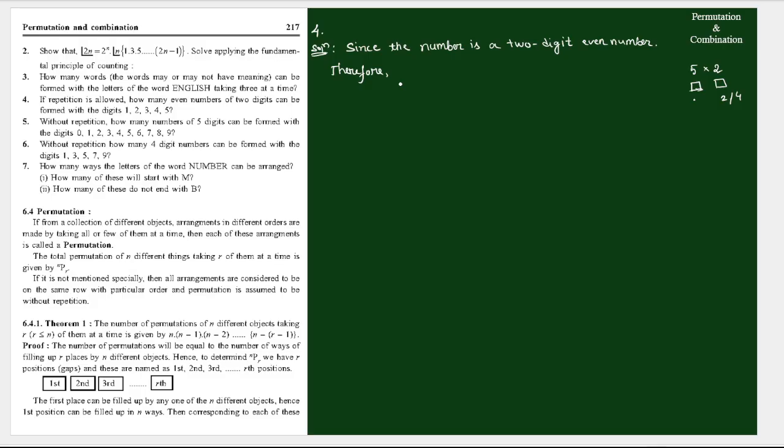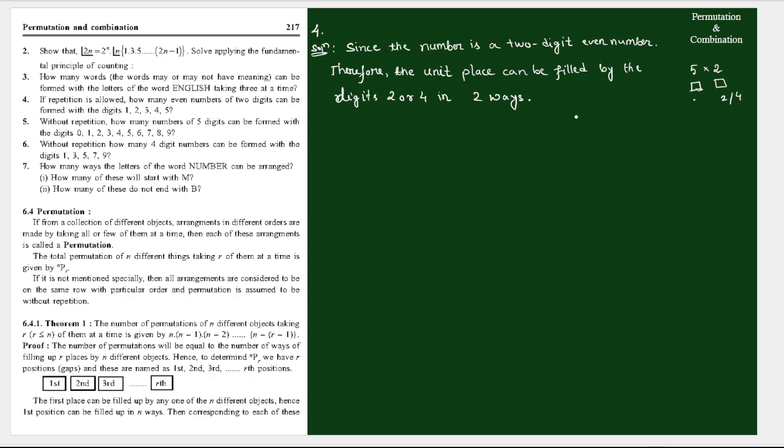Therefore, the unit place can be filled by the digit 2 or 4. In how many ways? Two ways.